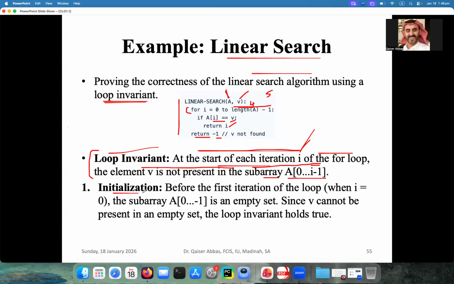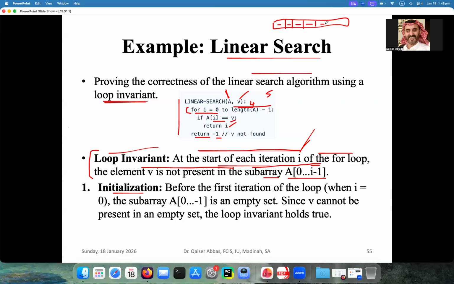Okay, let's see that. Initialization. For initialization, i is equal to 0. What is the subarray then? If your array is this, I'm taking maybe only 3 elements, and some elements are also there.